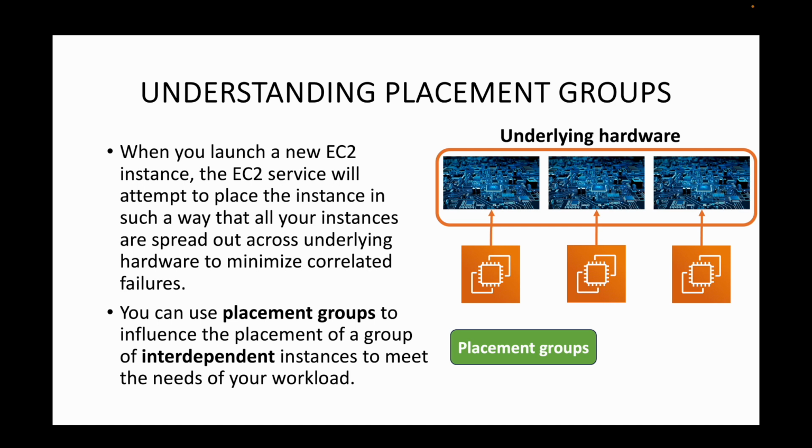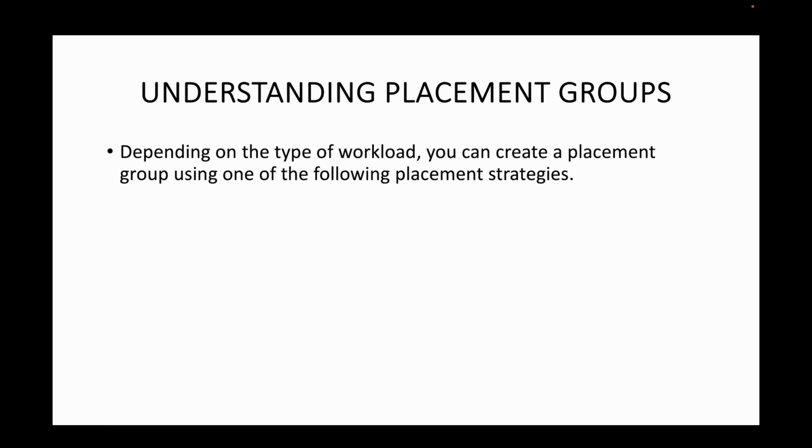Whenever you want to place a group of interdependent instances to meet your workload requirement, we can make use of your placement group. As the name suggests, it is mainly used to place your instances in a group that you want. Depending on the type of workload that you have, you can create a placement group using one of the following placement strategies.